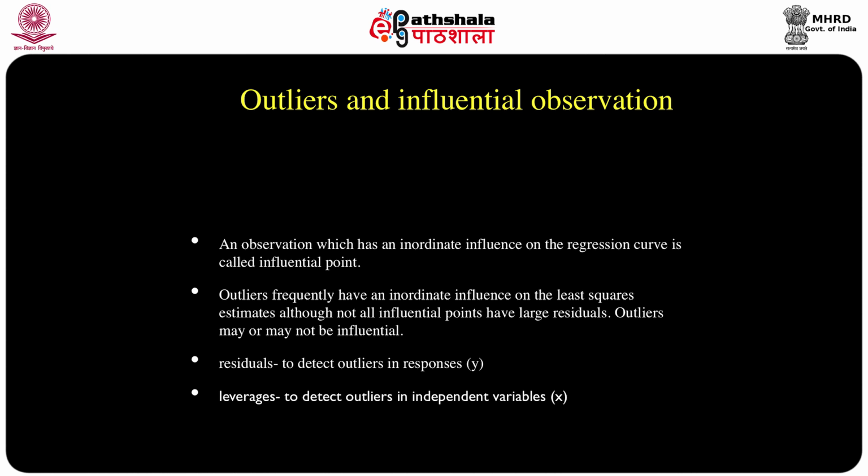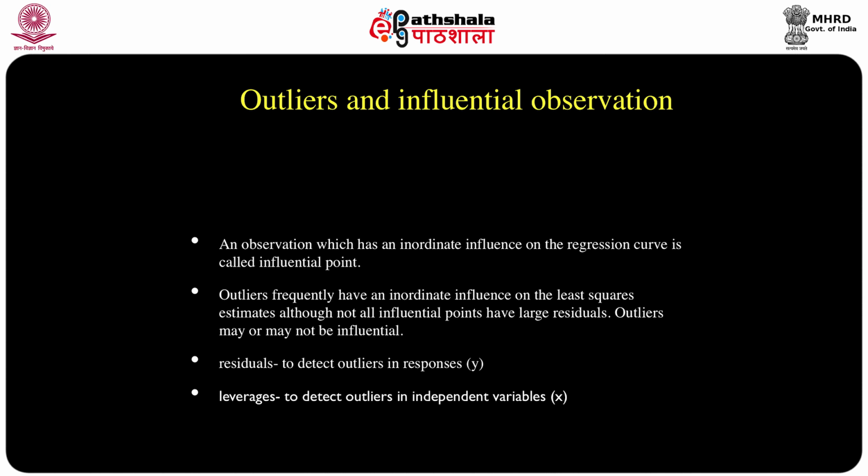Now, an observation which has an inordinate influence on the regression curve is called an influential point. Outliers frequently have an inordinate influence on the least squares estimate in a regression setup, although not all influential points have large residuals. Outliers may or may not be influential.